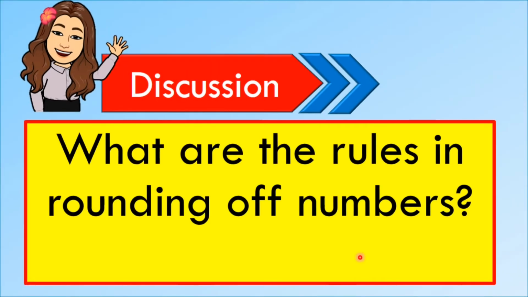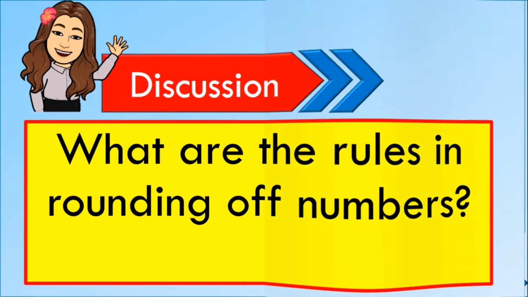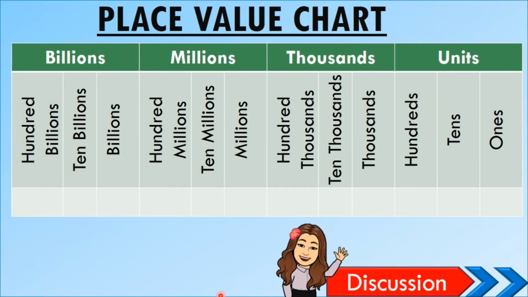So how are we going to answer this? This problem is involving our lesson, that is rounding off numbers. So what are the rules in rounding off numbers? We will be guided by the use of the place value chart.